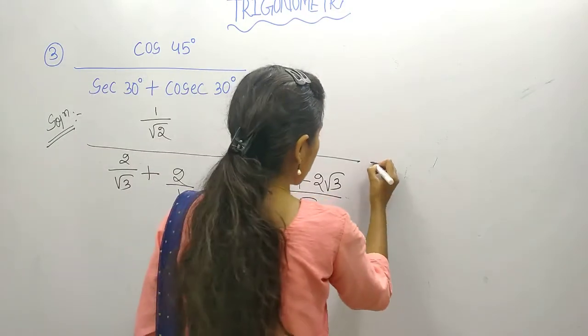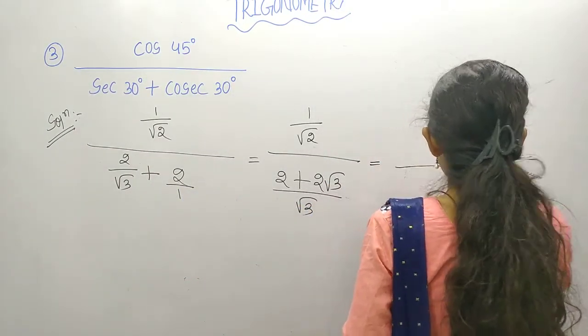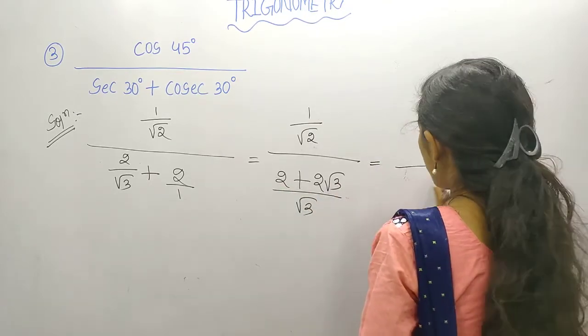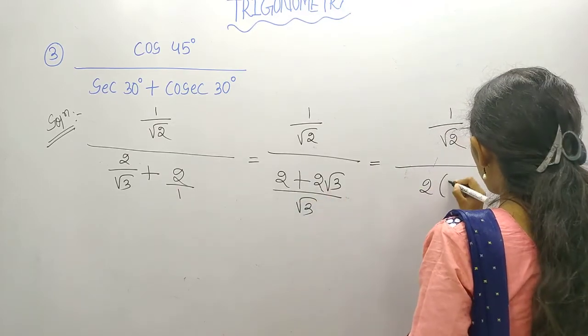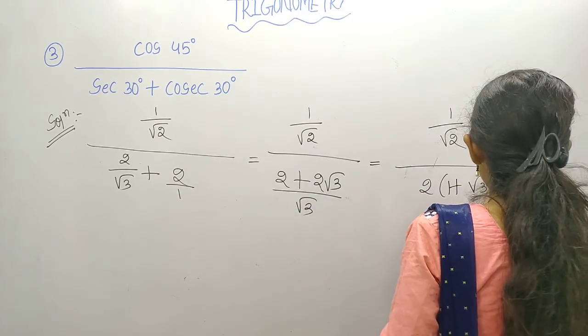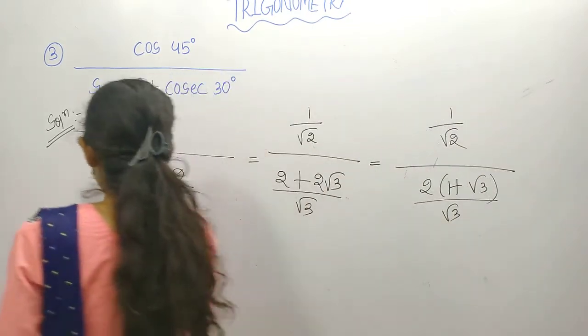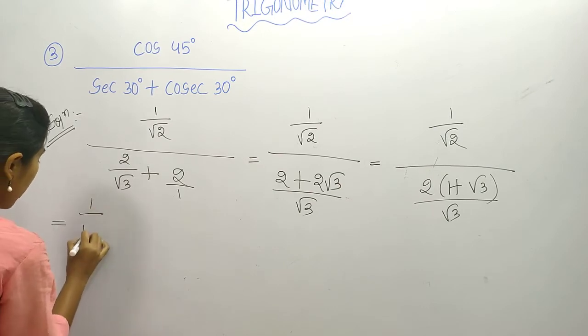Okay. Next. Here what will it become? 1 divided by root 2 divided by 2 plus 2 root 3. It means 2 is common here. So in bracket 1 plus root 3 divided by root 3. Next, equals 1 divided by root 2.